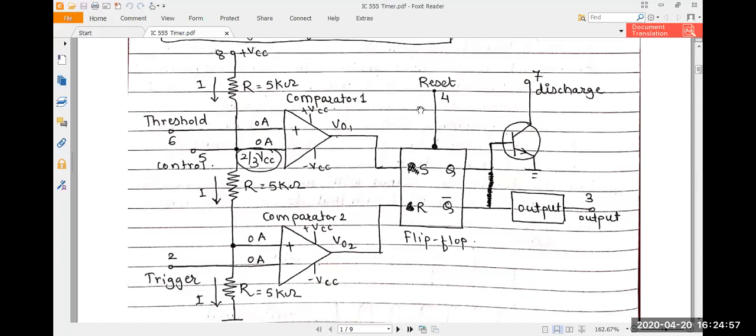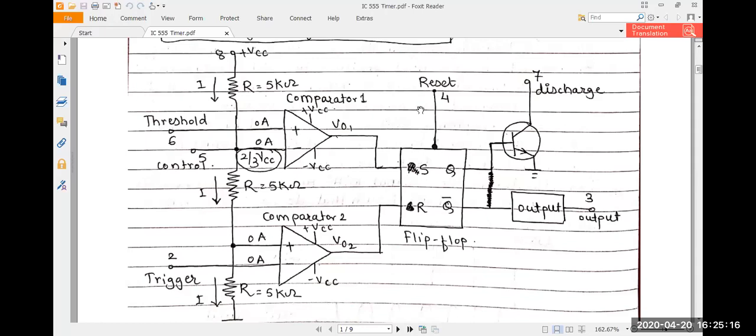Comparator 1 inputs are threshold and control. The threshold input is given as an external input, while the control input is derived from the supply, VCC. We can see how it is 2 by 3rd VCC in the subsequent part of the lecture.